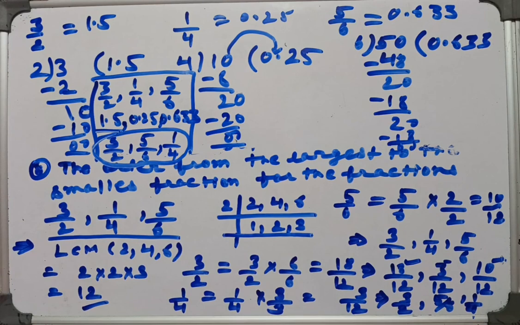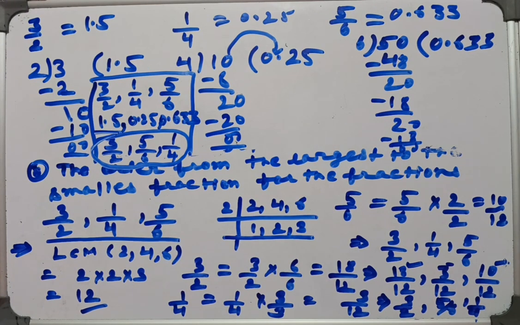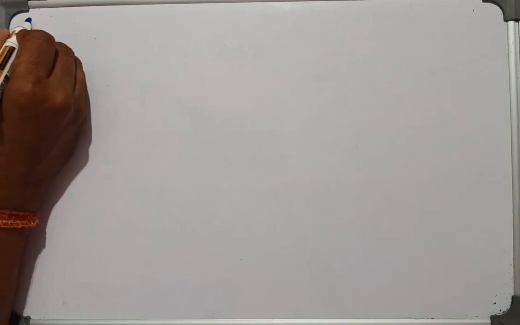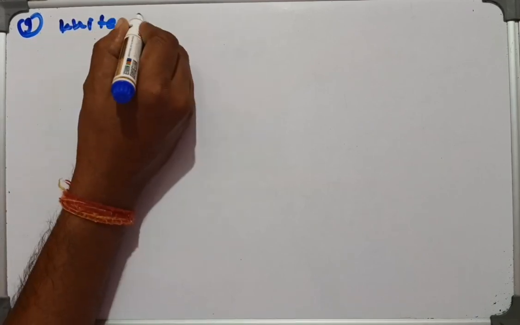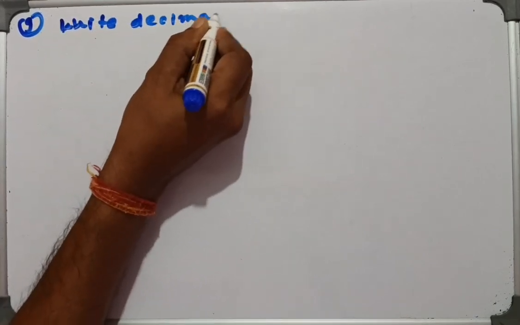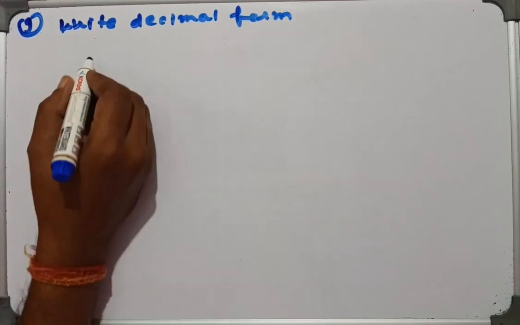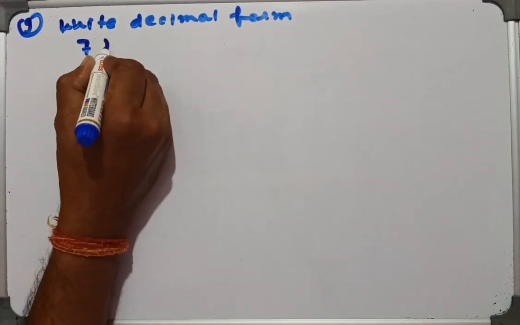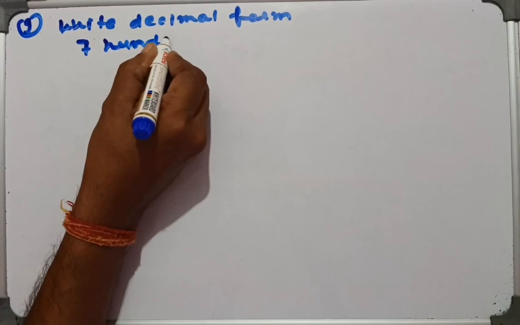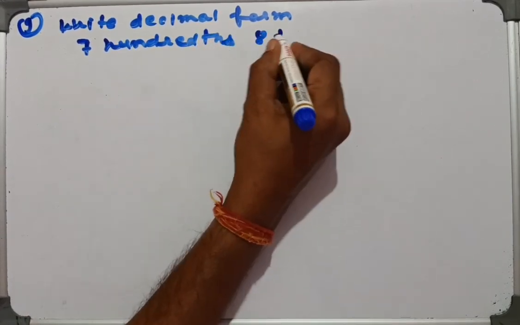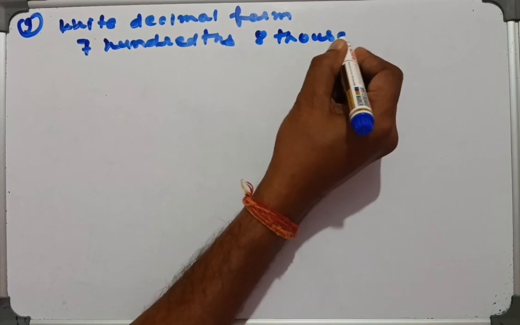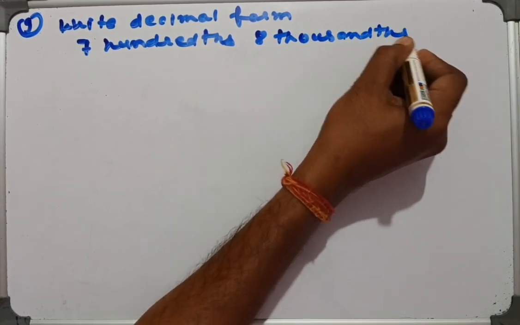Okay guys, next example, question number 9. Write in decimal form 700 and 8,000.